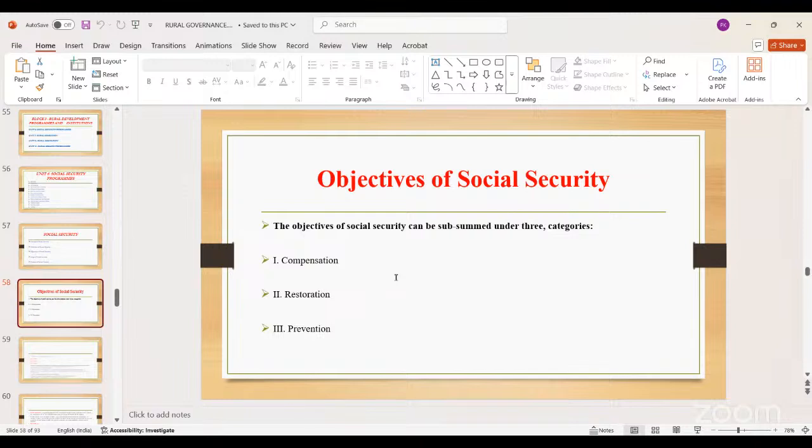So that's why this compensation is provided during contingency and unexpected mishaps by providing some support.